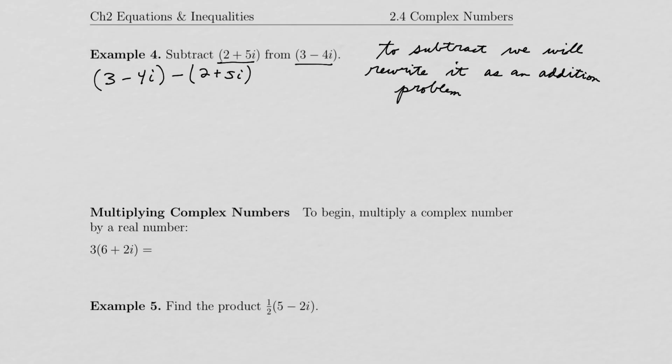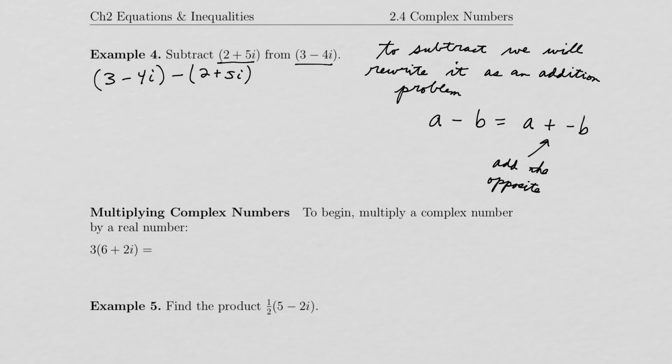So what does that mean? Well, remember in general, just with real numbers, if I have a minus b, this is really the same as a plus, I change my subtraction to an addition, and I can do that as long as I add the opposite of b. So subtraction is the same as adding the opposite.